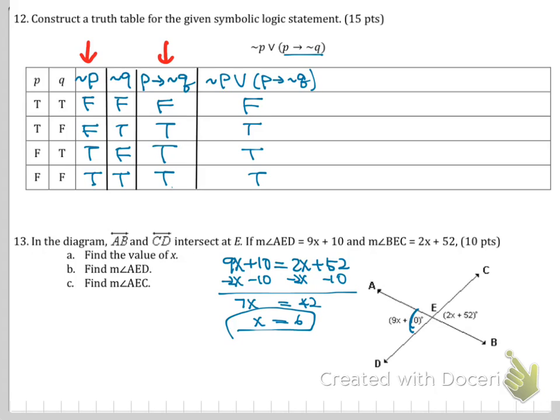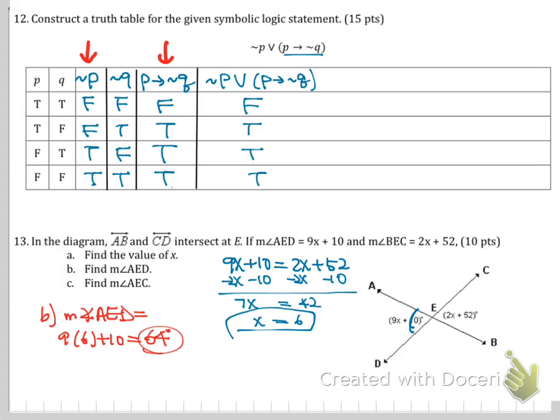For the second part, the measure of angle AED is 9x plus 10. So 9x, with x being 6, plus 10. 9 times 6 becomes 54, so 64 degrees becomes our answer.